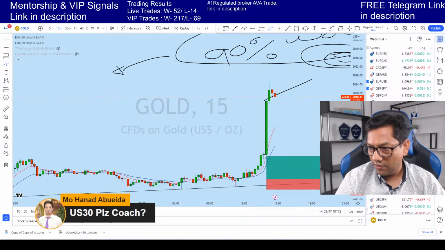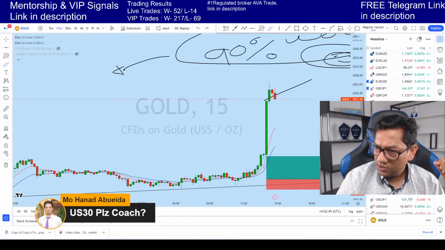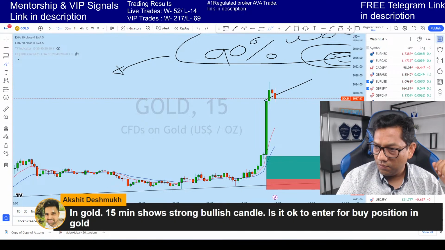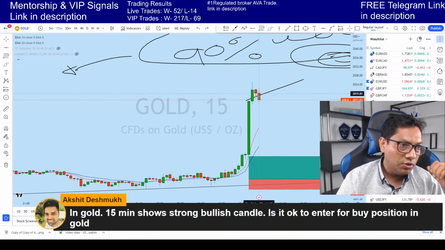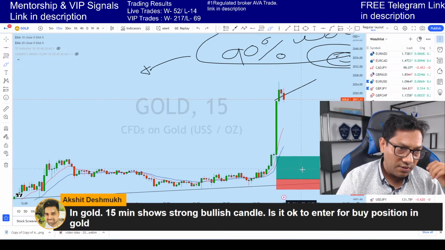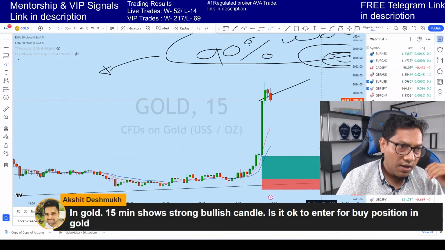Yeah, thank you. Absolutely. In gold, 15 minutes shows a strong bullish candle. Is it okay to enter for a buy position in gold? Akshay, yeah, gold showing strong bullish. You can see it might come down for a pullback, and I'm on it.